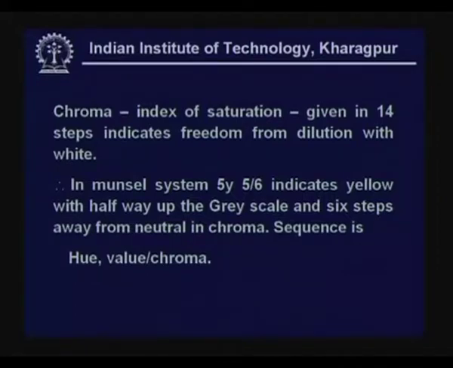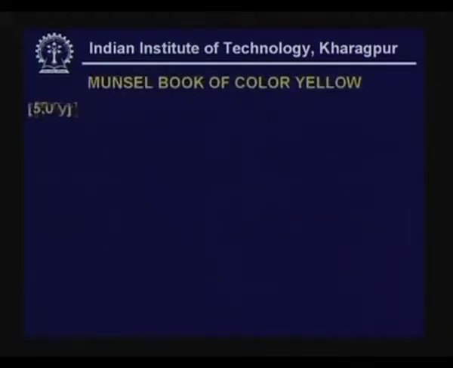So, this is what, as already brought out, is specified in terms of what you call the color chips in a chart, and that can be seen. A typical color chip for 5Y 5/6 can be seen here.